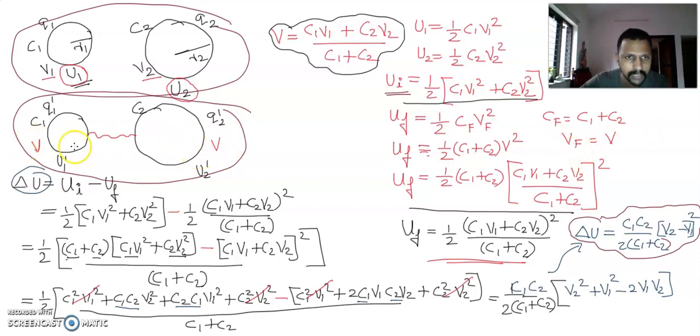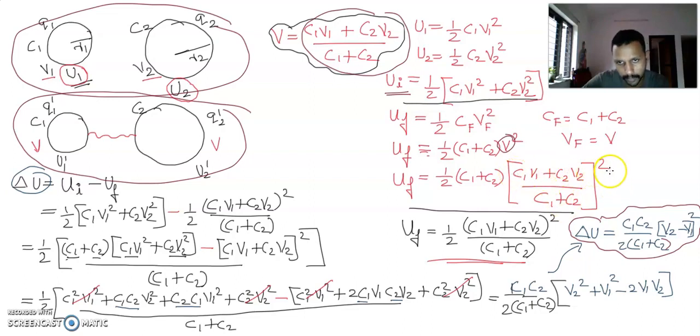They both are reaching a common potential of V. Therefore, final potential is V. Therefore, I am writing half, C final as C1 plus C2, into V square, where you could substitute V square. What's V? V is C1 V1 plus C2 V2 divided by C1 plus C2. Therefore, we are substituting this V over here.